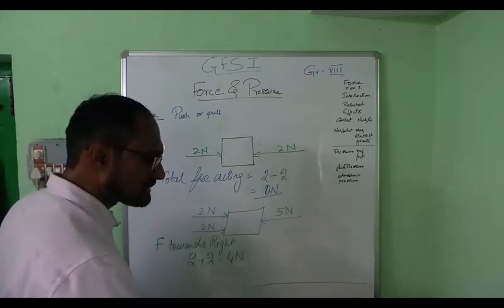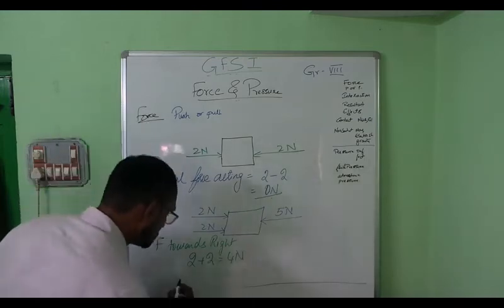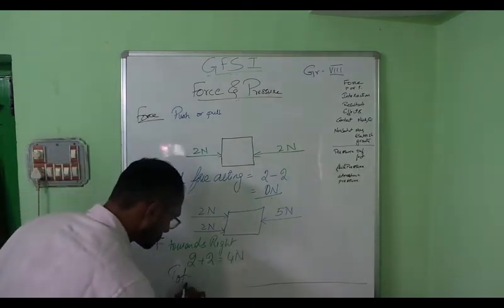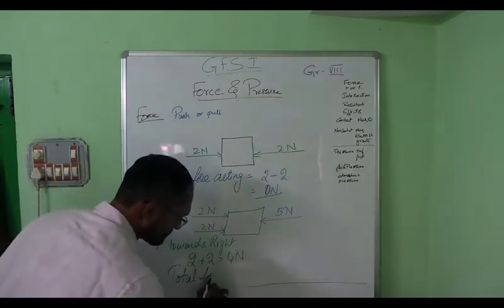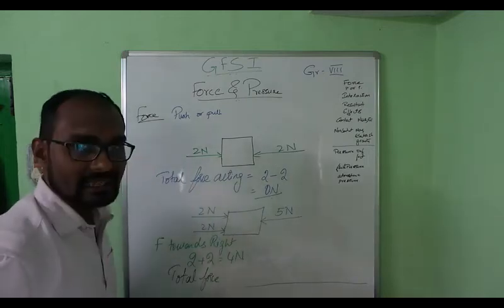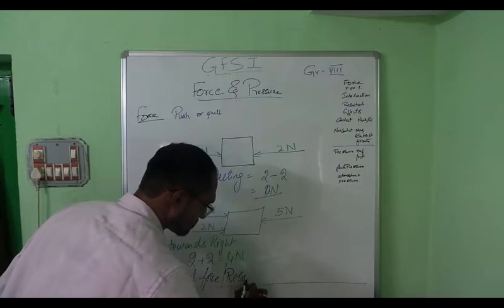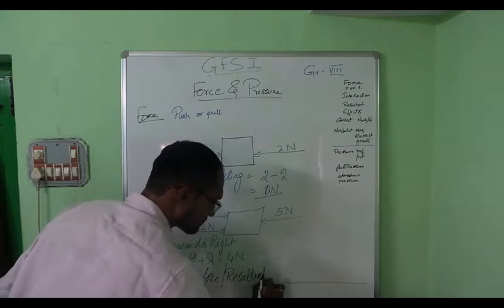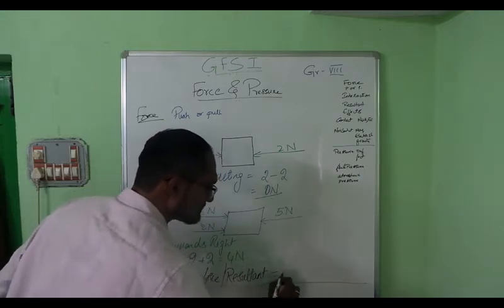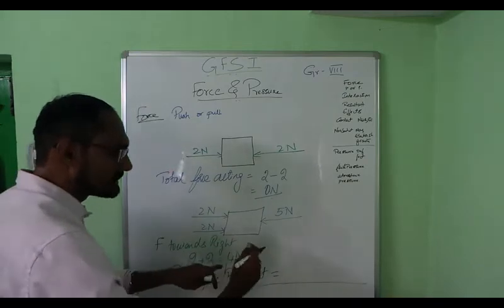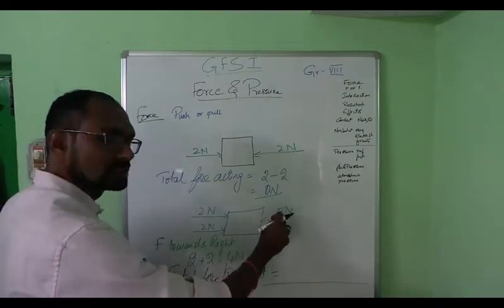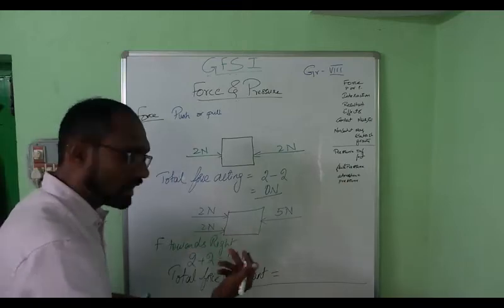Now what is the total force that is acting? Total force, which I can otherwise call resultant force, is the difference between these two forces because these two are acting in opposite directions.